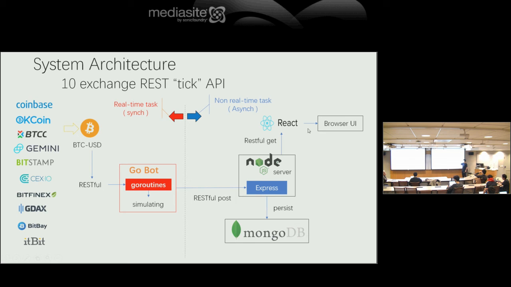And the Node.js server is responsible for putting them into the MongoDB, and then after that, it will respond to the client's data request to refresh the data. So here is the whole architecture.